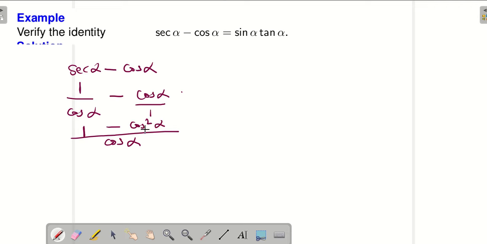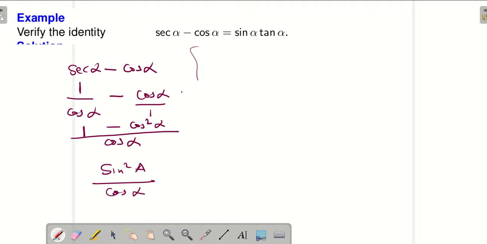We know that 1 minus cos squared alpha is the same as sine squared alpha by the identities, all over cos alpha.